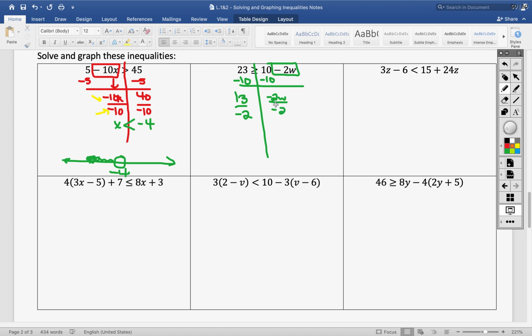Because the coefficient is negative. And so we have to remember to flip the sign. Flip the sign. So w is greater than or equal to -6.5.